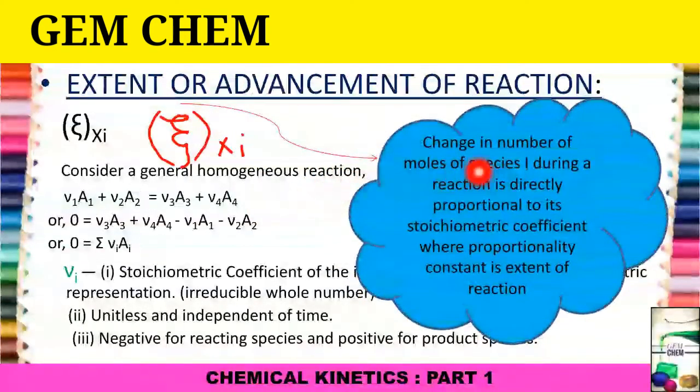The change in the number of moles of species during a reaction is directly proportional to its stoichiometric coefficient. Now the stoichiometric coefficient is nu i, right? Where the proportionality constant is the extent of reaction, and we will see in the next slide how it is represented.